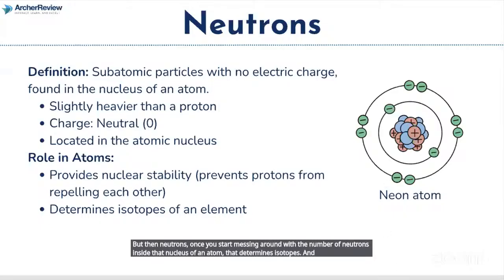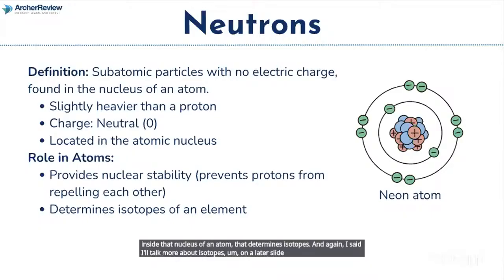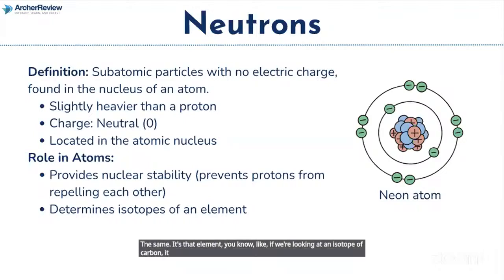I'll talk more about isotopes on a later slide, but here is just a quick rundown. They are helpful in medicine when it comes to imaging and detection of tumors, for example. Isotopes are the same element. If we're looking at an isotope of carbon, it's still carbon, but maybe the atomic mass has changed ever so slightly because we've added or taken away some neutrons.